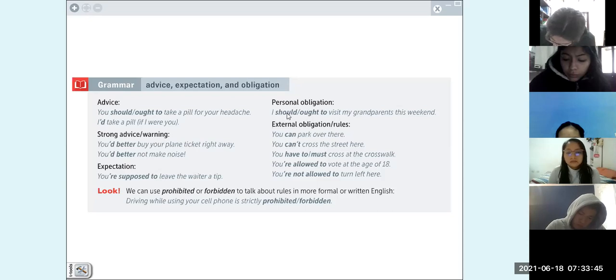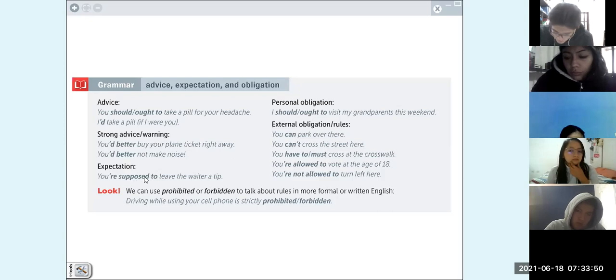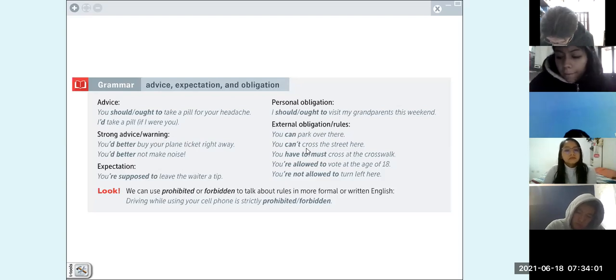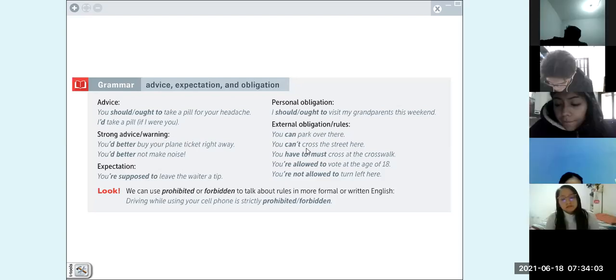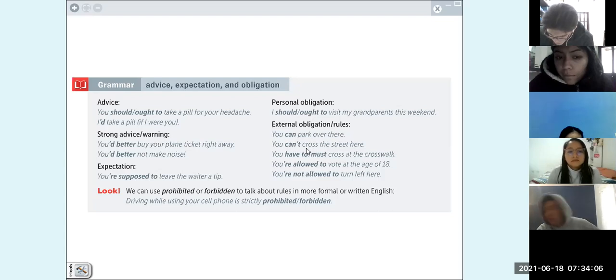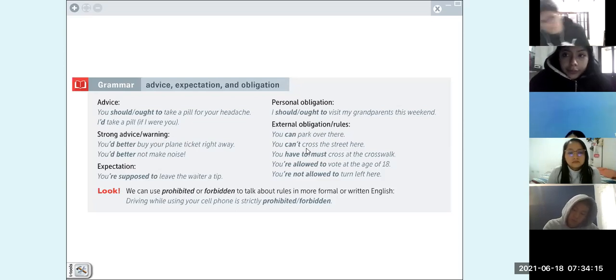Recuerde que no ocupamos should con to, solo ought to, allowed to, and supposed to. Después todos los demás, no, okay? I should do all my homework on Saturday. Yes, I should do all my homework on Saturday. Jessica? I ought to concentrate a lot to do my homework this weekend. To do my homework this weekend, yes.